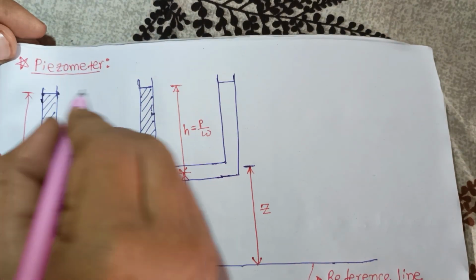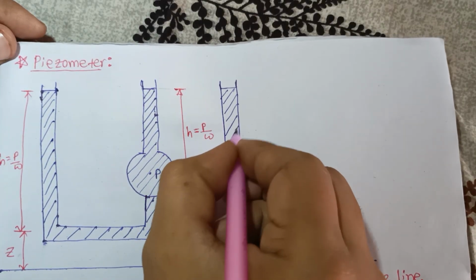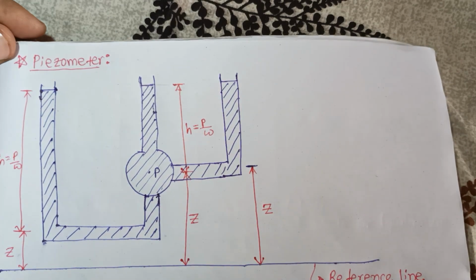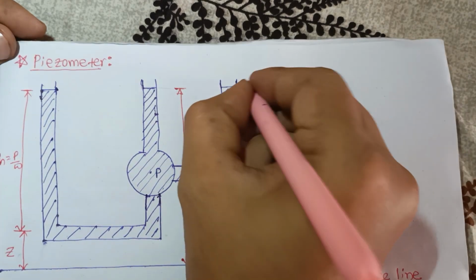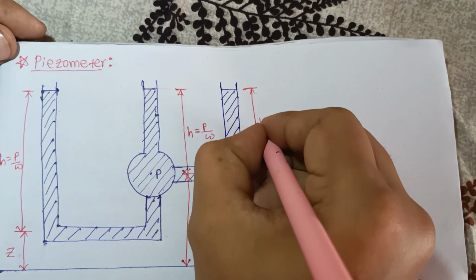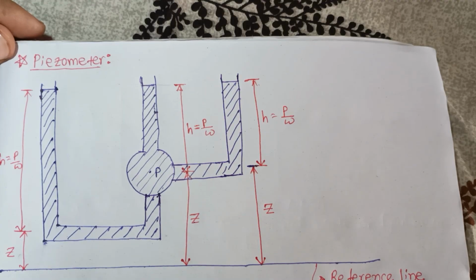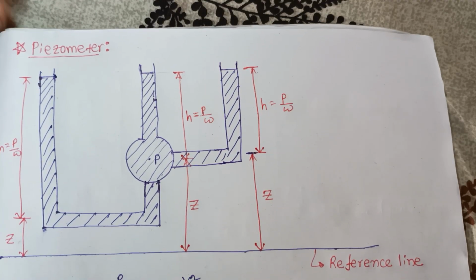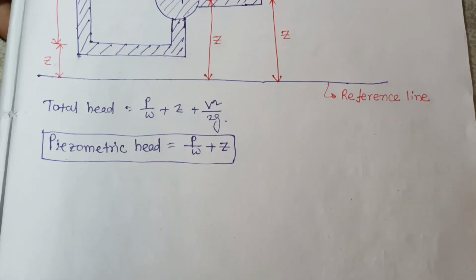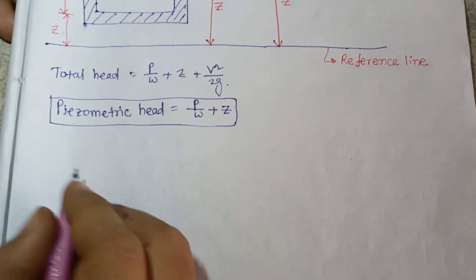So this level is the same, and this height h is equal to p by omega. So let's write the definition of that. It is the simplest form of manometer.